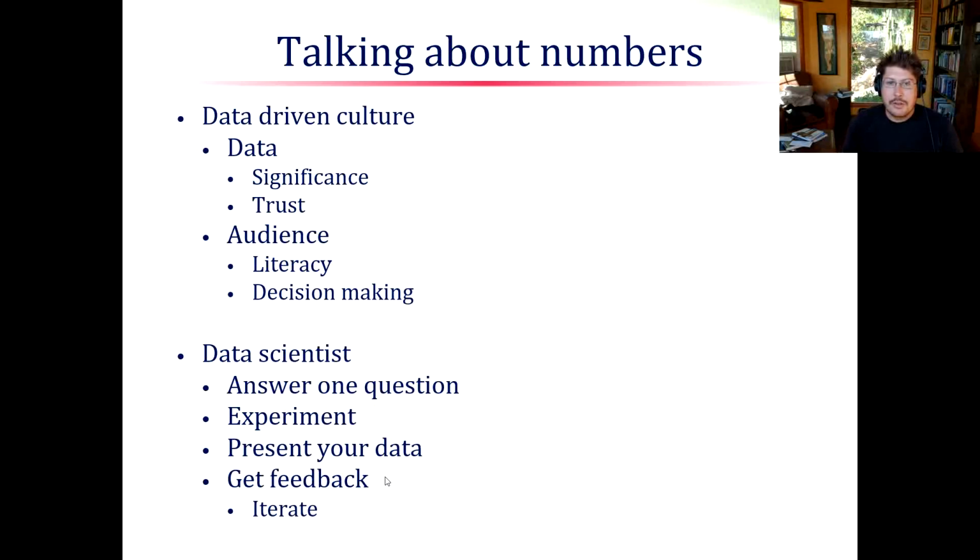You need to present your data, present initial findings, get feedback as you go, and iterate. Keeping things secret for a long time is absolutely not helpful. You want to be out there and say, this is preliminary, this is a first draft.